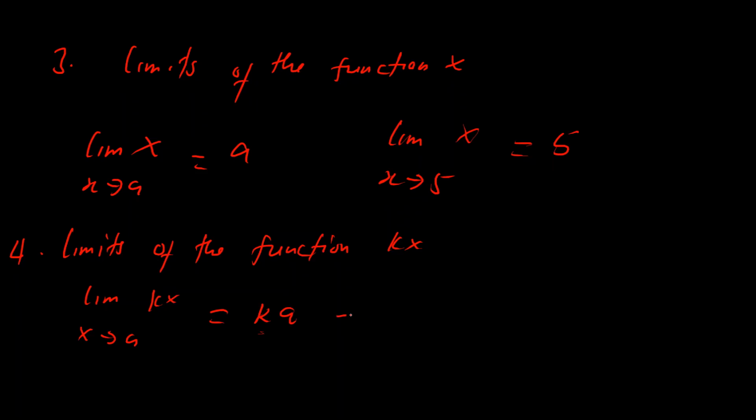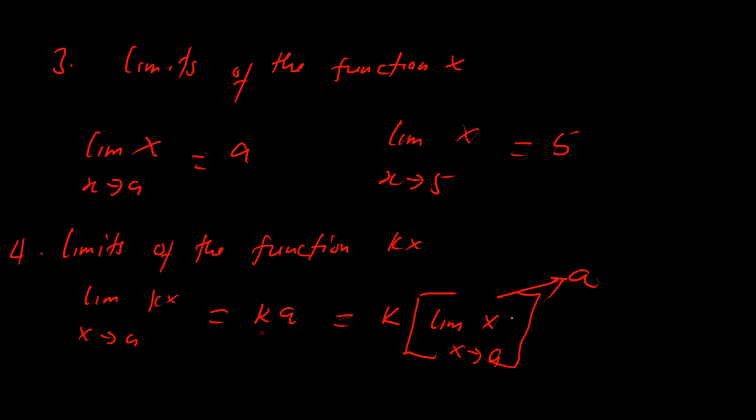And so we could have also represented this as this. We want to bring k outside, so we are going to have k multiplying the limit of x as x approaches a. And I guess you know this itself is a, right? That's what we've done here.